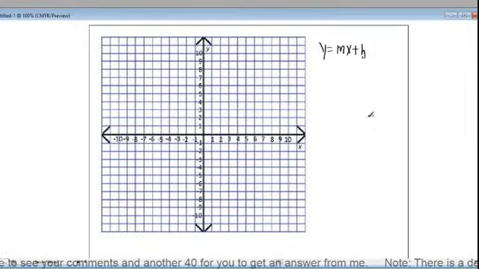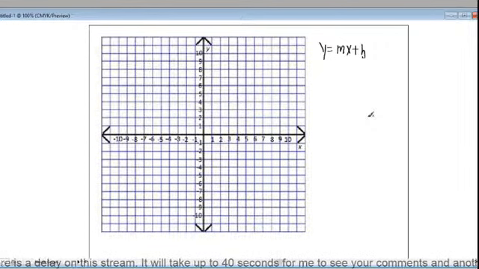This is a very common idea in mathematics when we're dealing with functions and graphs and linear equations. The reason it's so common is because this is a form to put the linear equation into that basically spells out everything for us.